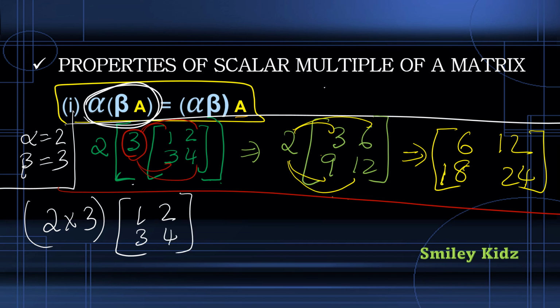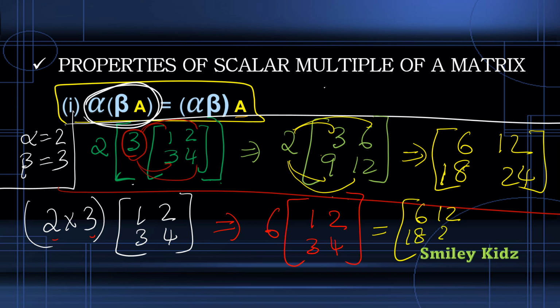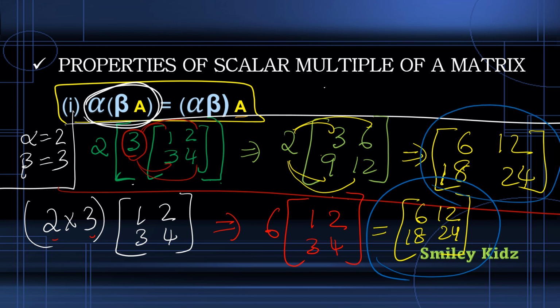Now you first solve the bracket, which is 2 into 3, that is 6, into 1, 2, 3, 4, which simply gives us 6, 12, 18, 24. If you compare the results that we got, they are simply equal. And this is the first property of scalar multiple of a matrix.